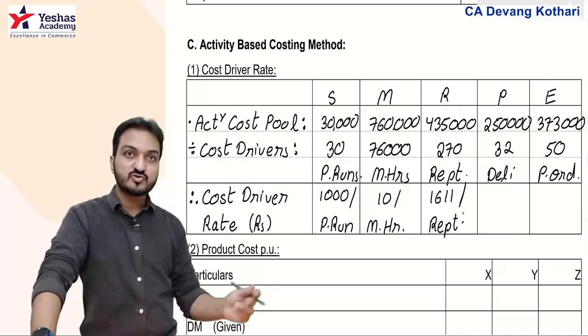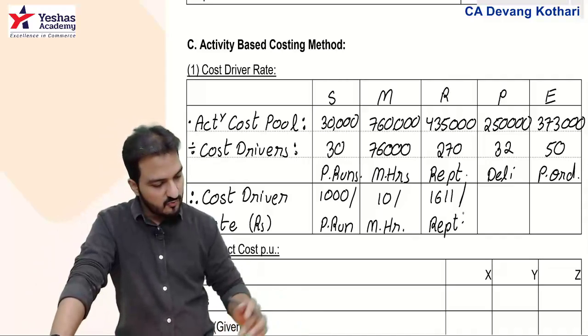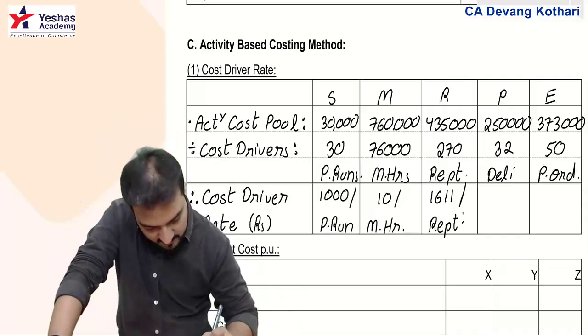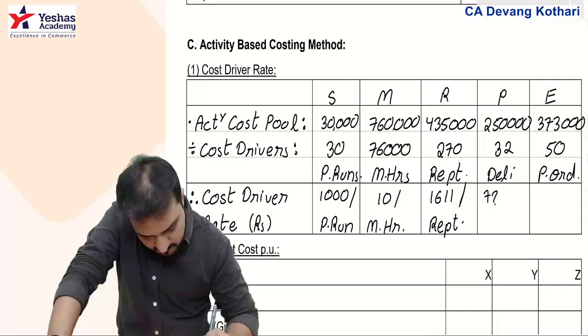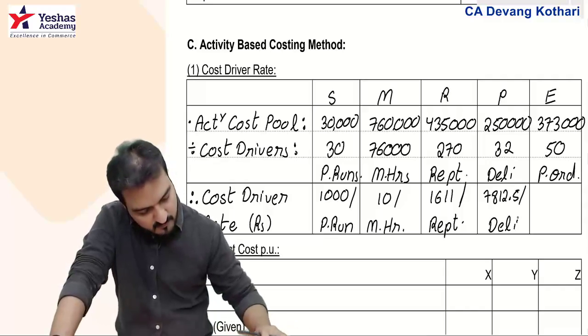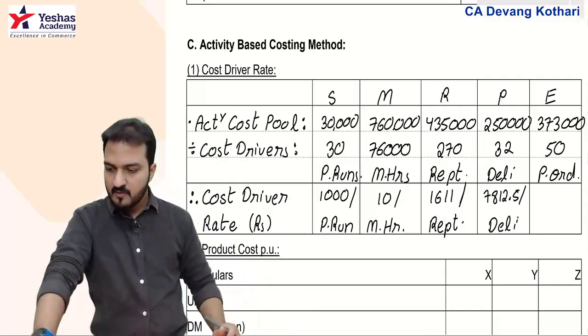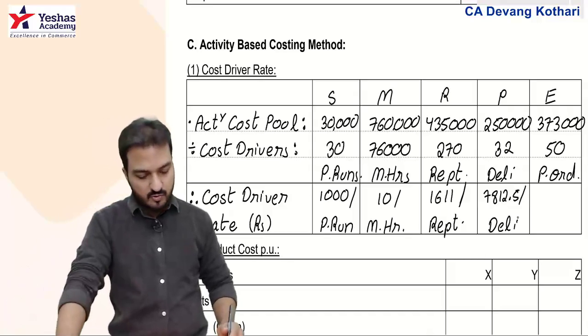Similarly, packaging cost will be per delivery 2,50,000 divided by total 32, so 7812.5 per delivery.